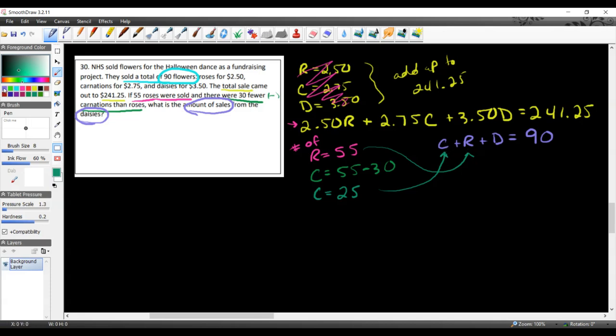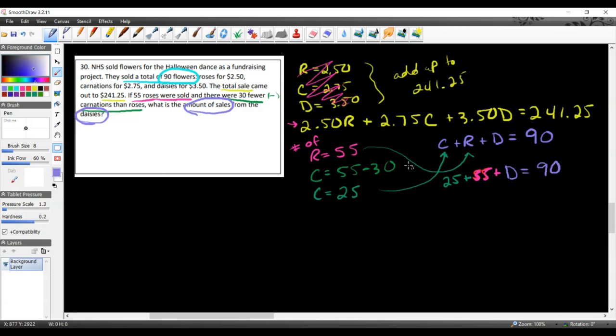Okay, so let's see. First we have carnation. So for C we have 25 plus, for R we have 55. I'm going to use a different color for that. And for D, well, we don't know what D is. D is the daisy, so that's what we're trying to find.